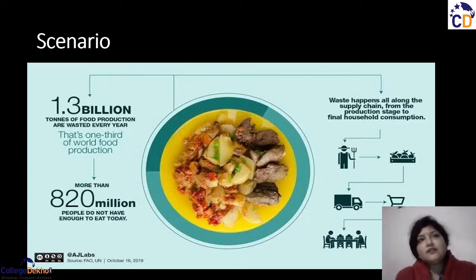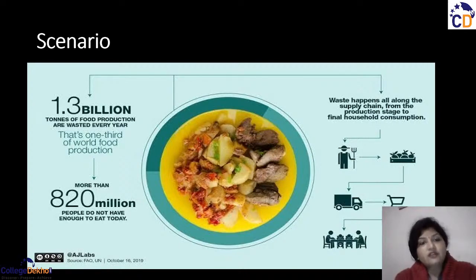I have taken one scenario in which people daily eat food outside, and the restaurant owner is preparing the food. The problem faced by the restaurant owner is wastage of food at the end of the day.